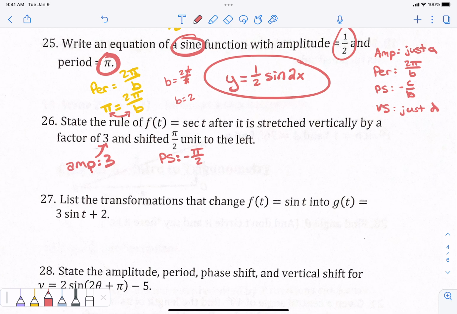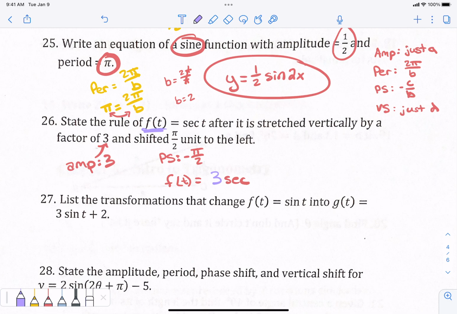Okay? So now we've got f of t equals, and we've got to do secant. But the 3 is going to go here, 3 secant. Why are you putting f of t? Because that's what it says right here. Okay, 3 goes there.